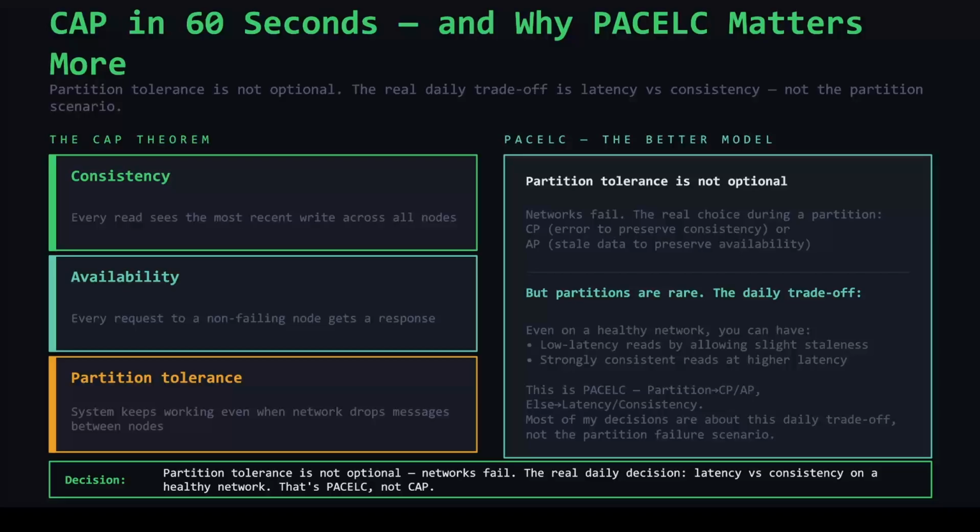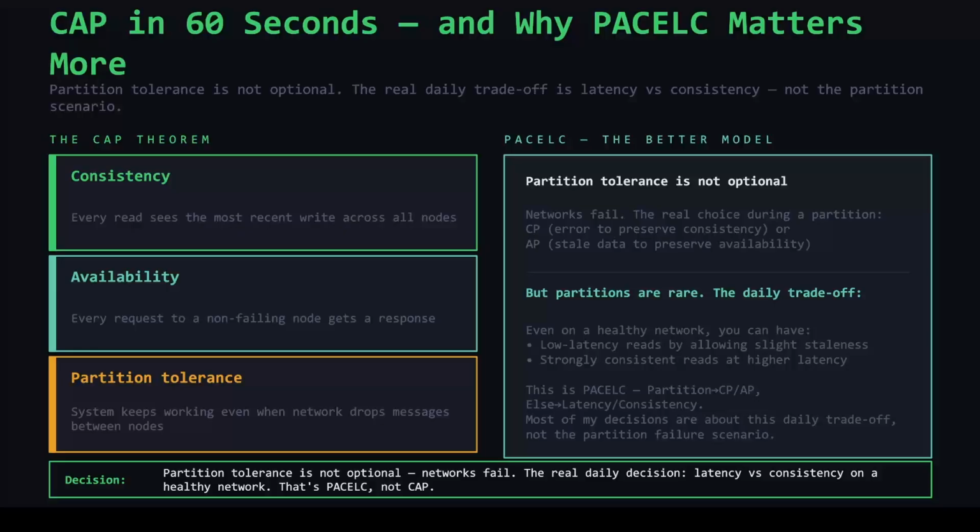But here's a more practical framing that CAP doesn't capture. CAP only applies during network partitions, which are relatively rare. The trade-off you encounter daily is between latency and consistency, even on a healthy network. This is what the PACELC model describes: if partition, CP or AP; else, latency or consistency.